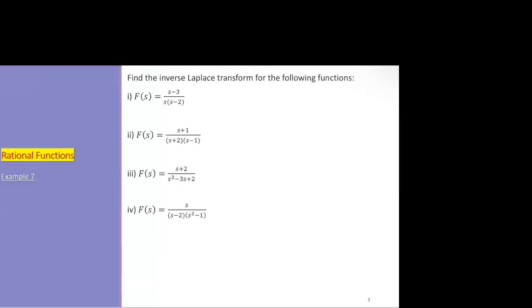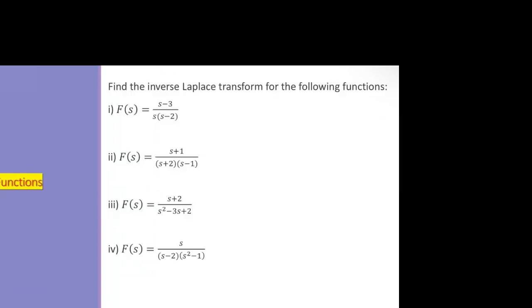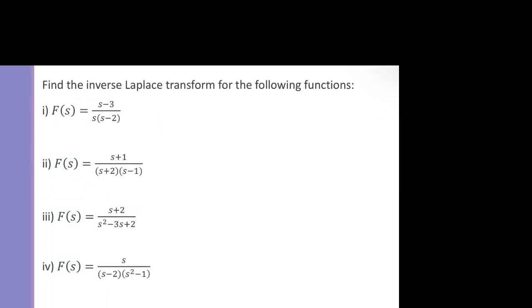Alright, let's see this example. Find the inverse Laplace transform for the following function. First, we have F(s) equal to (s minus 3) over (s minus 2).